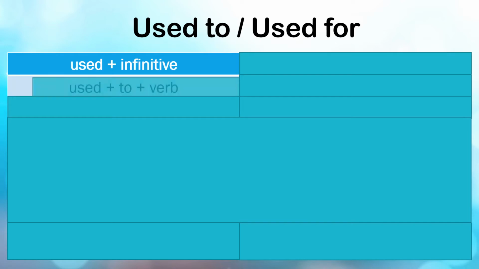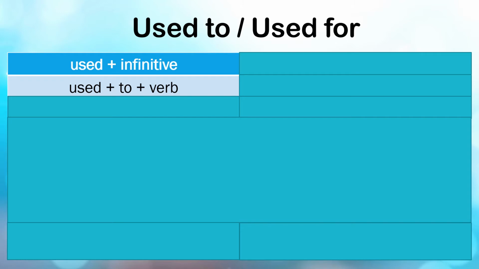So in this chart, I'm going to summarize how to say the function of a technological device or an object using used to or used for. Well, so we say used plus an infinitive, that is used plus to plus a verb.